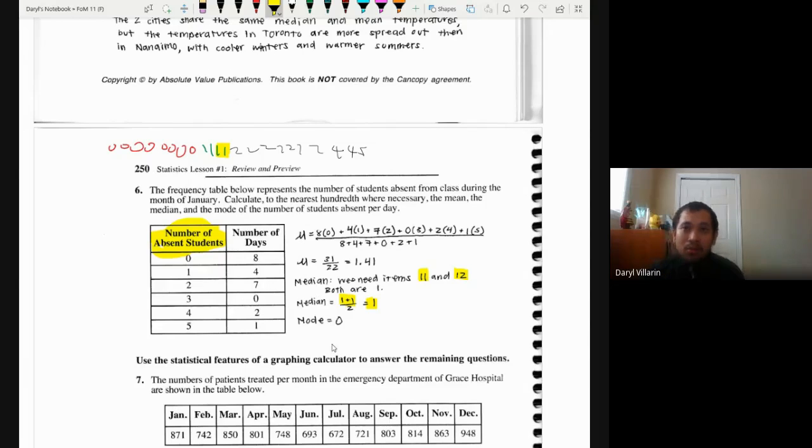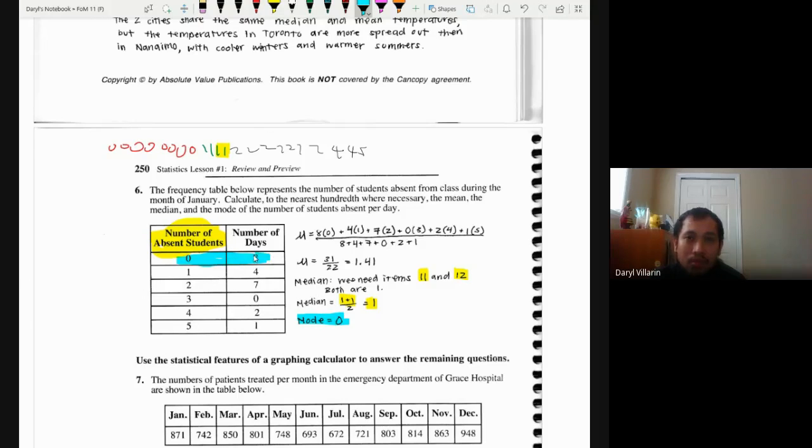And then for the mode, the advantage of doing the frequency table is that you can just see it in the graph. The most occurrences would be 0.